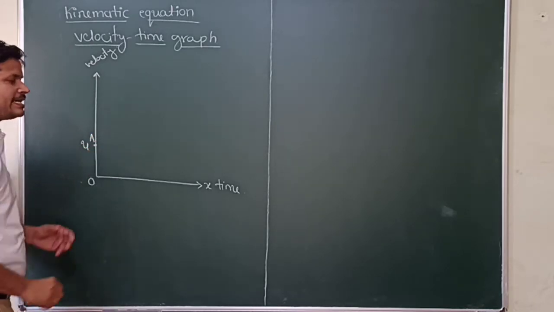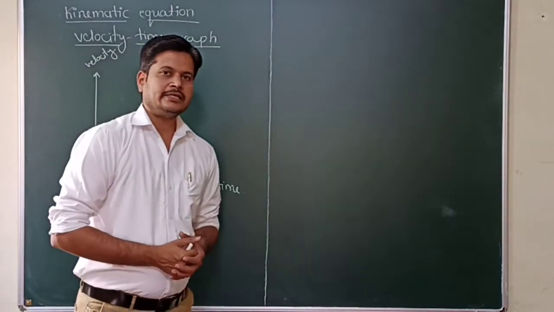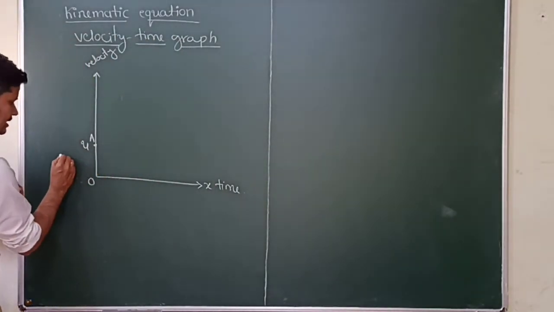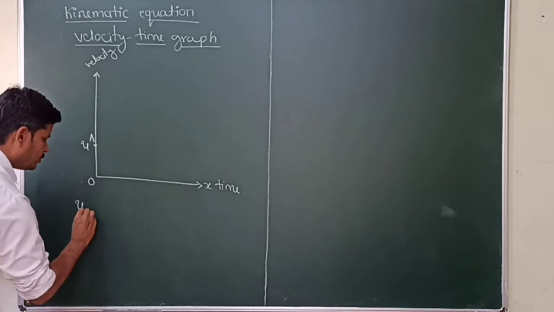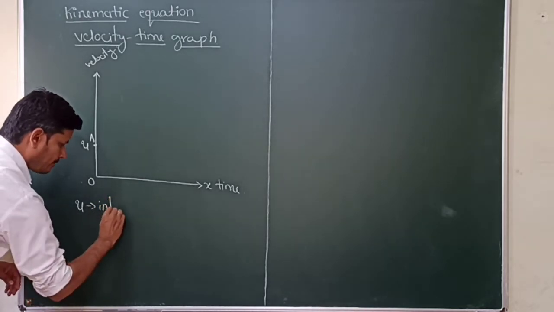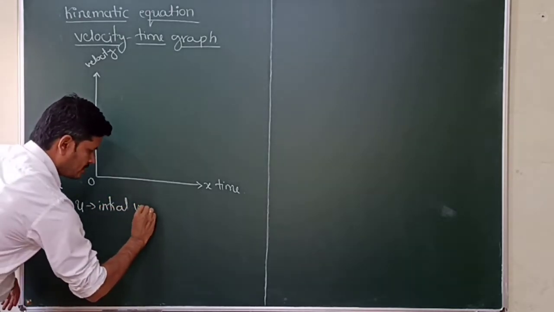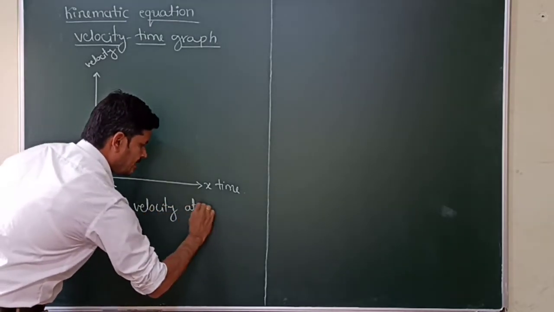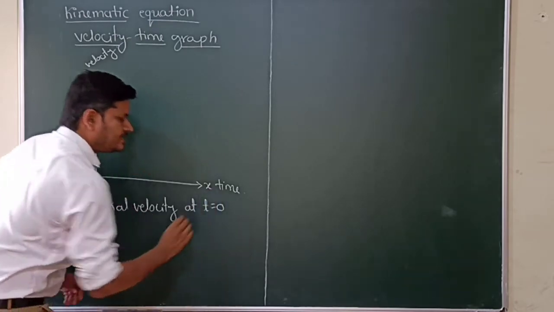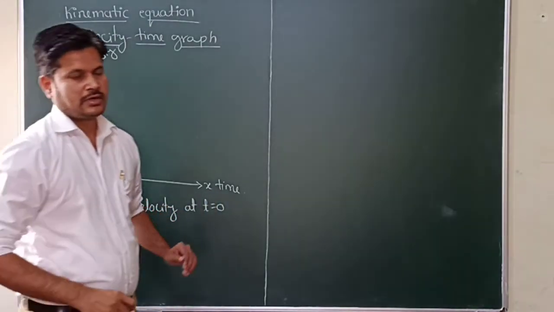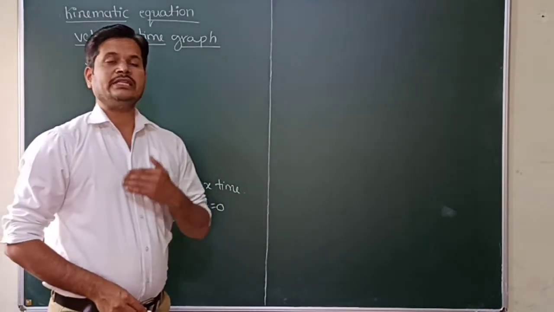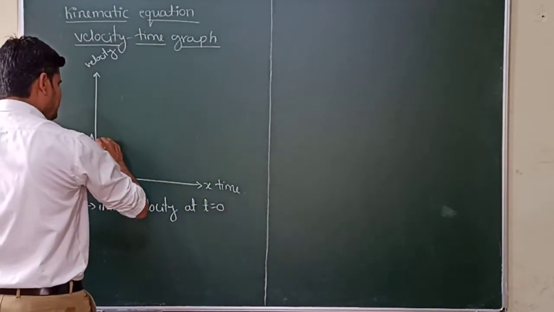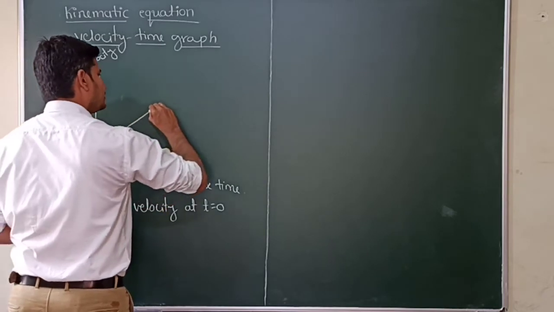This point I will take as A. Let u be the initial velocity at t equals 0. If the particle is moving with a constant acceleration, that means we should get a straight line.